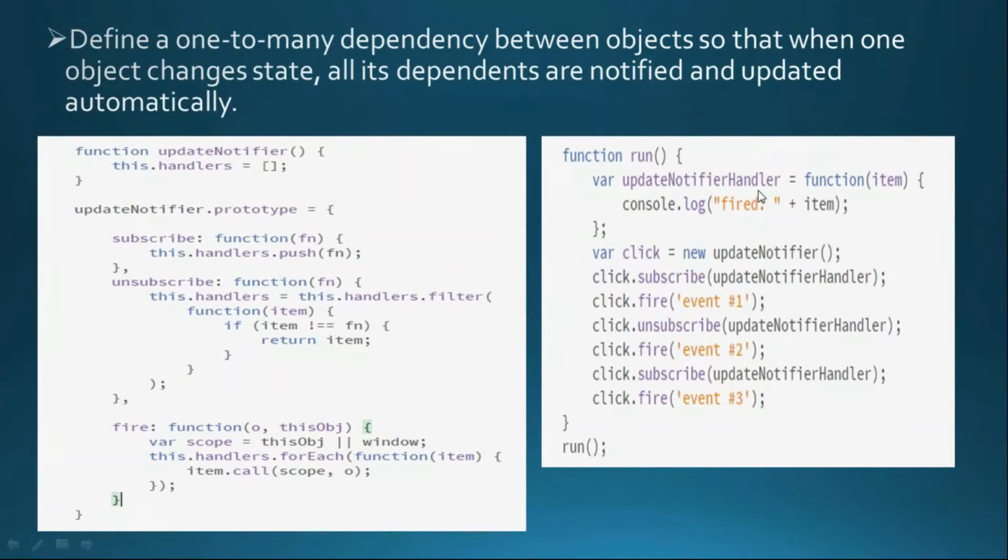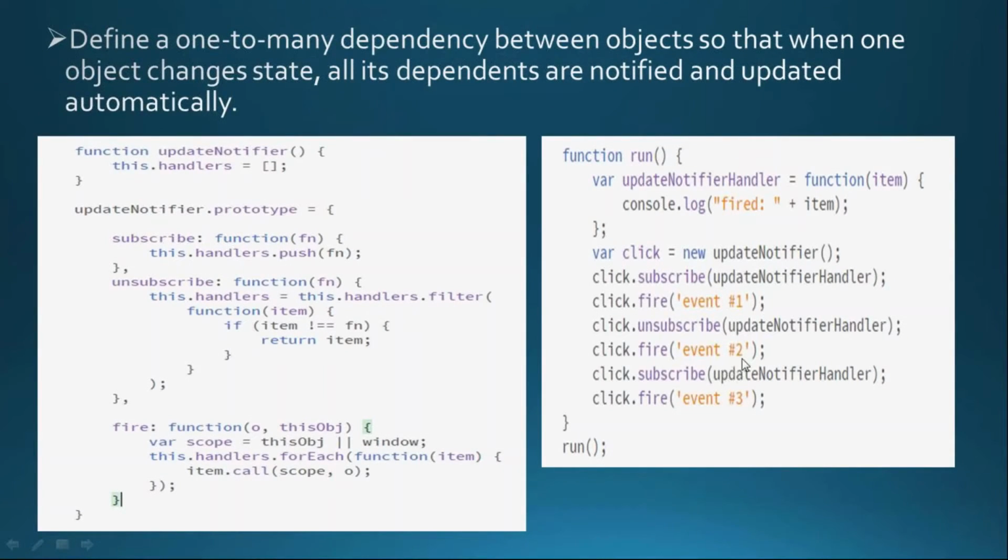You can check that in the run method. First I declared an update notify handler function which will log the message. Then I created an object of this update notifier constructor, and then I call the subscribe method which will add this update notifier handler to the handlers array. When I fire event 1 using the fire method, it will call this update notifier handler method. When I call the unsubscribe method, it will remove this method from the array.